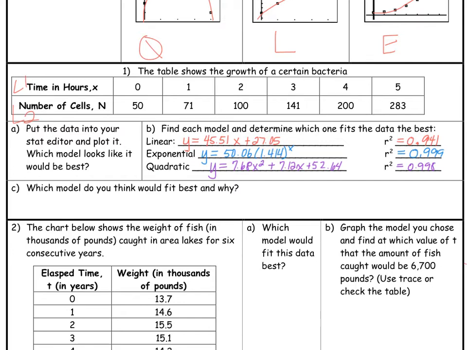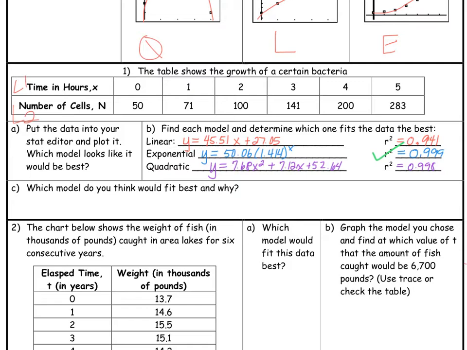So if we look at our r squared values, we're looking for the highest r squared, and it looks like exponential and quadratic were neck and neck. However, exponential was the winner because it was 0.999. It was closer to 1. It wasn't off very much, but it was definitely closer to 1.